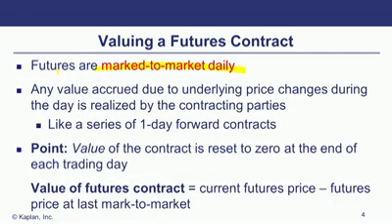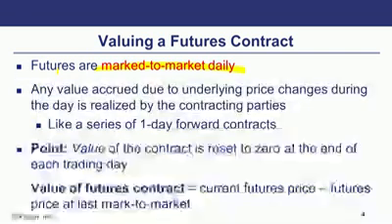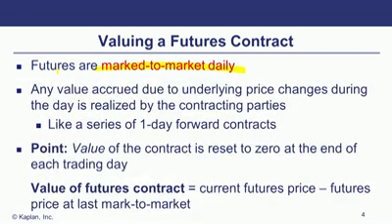At the end of each trading day, as the contract settles, money is either paid into your trader's account or debited from your trader's account, depending on the movement in the underlying asset. An interesting conceptual way to explain this is to say that a futures contract, for example, a 10-day futures contract, is nothing but a series of 10 one-day forward contracts.